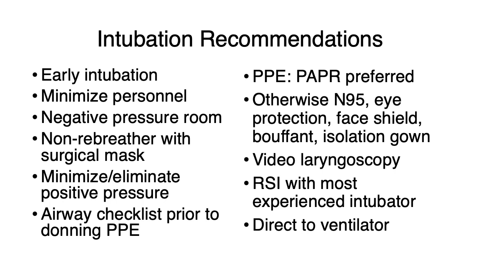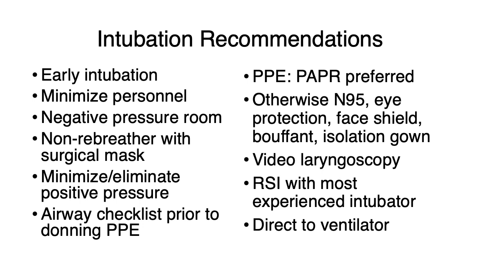An airway checklist should be performed before entering the room to ensure that you have all of the materials and medications that you need to effectively and efficiently intubate. Ideally, a PAPR should be used, but otherwise, full protection, including an N95 mask, eye protection, face shield, isolation gown should be used.